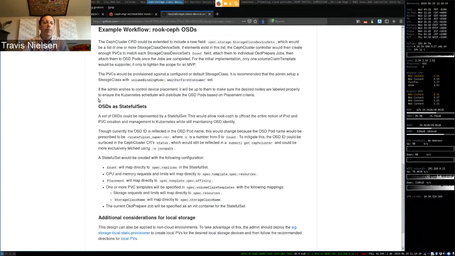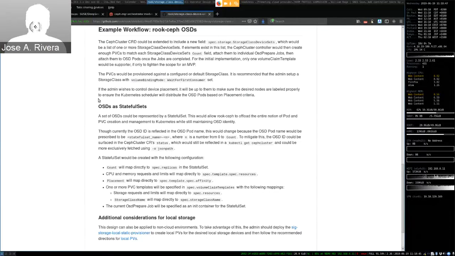So how would that approach take into account multiple OSDs per pod? Or multiple OSDs per PVC? Let's see. So my thinking was that you would need to have multiple OSD pods mounting the same PVC.